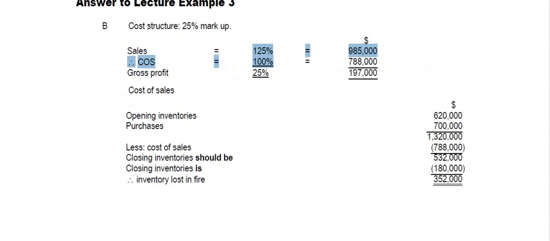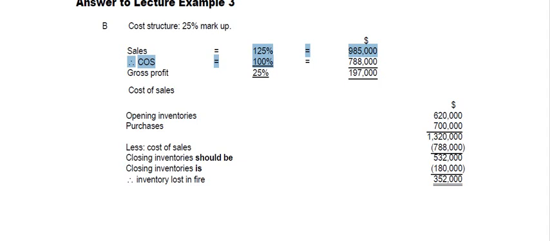Therefore, the cost of sales will be 100%. So we cross multiply. 100 times 985,000 divided by 125,000 gives us cost of sales of 788,000.